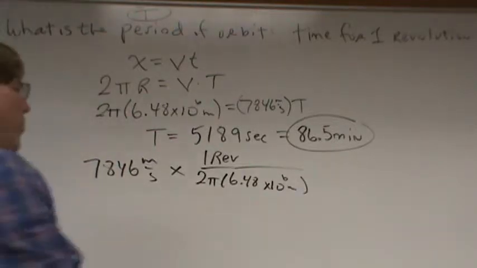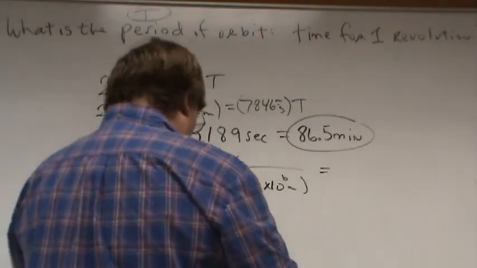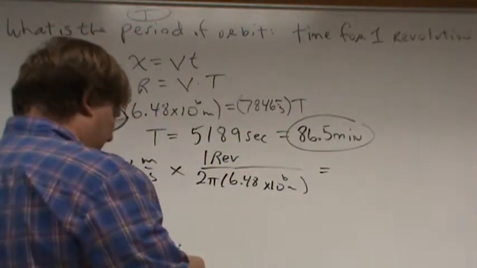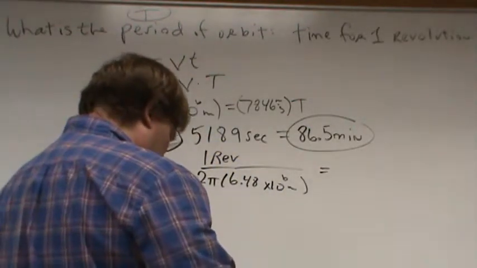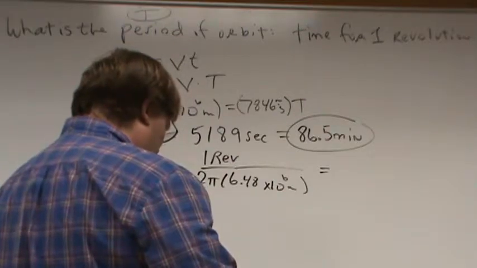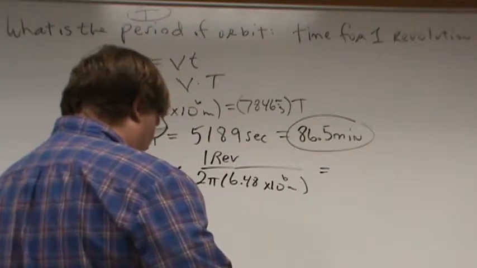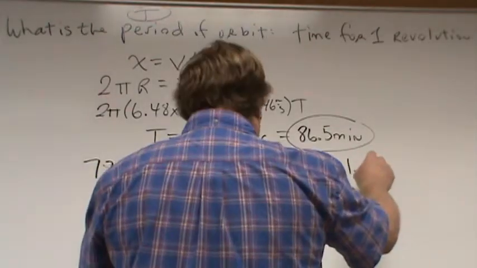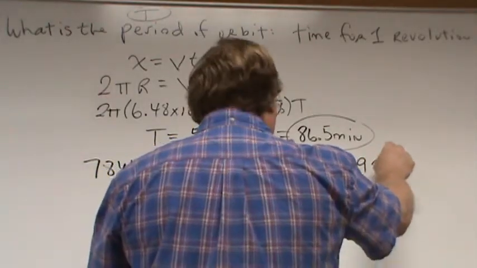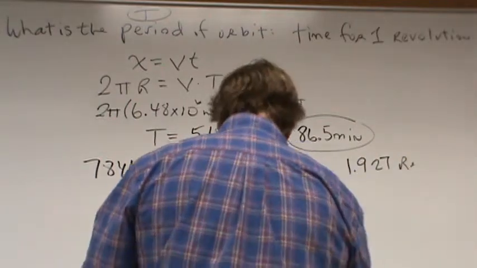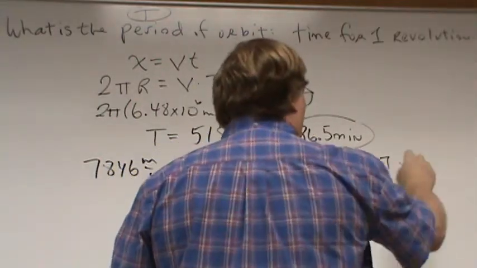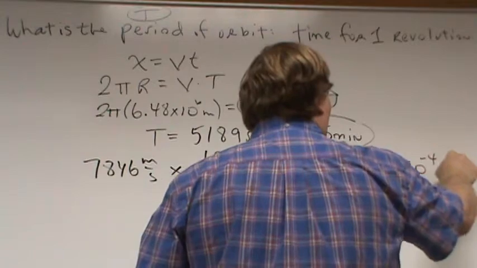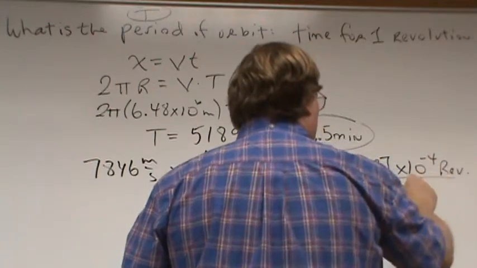Okay, but the point I want to make is, right now, I'm going to get 1.927 times 10 to the negative 4 revolutions per second.